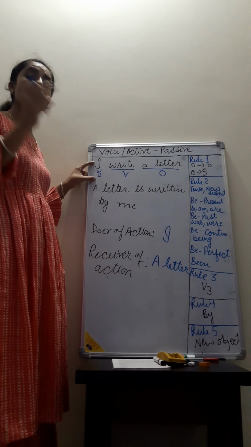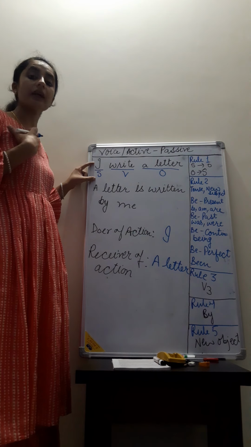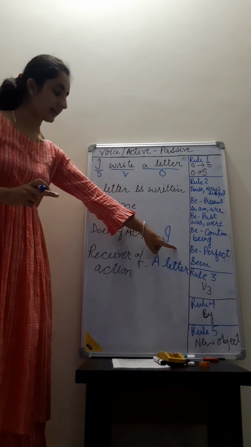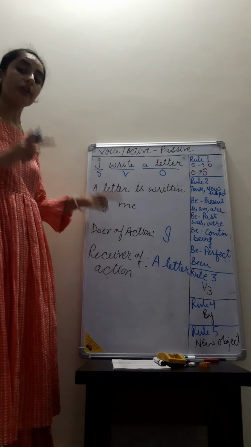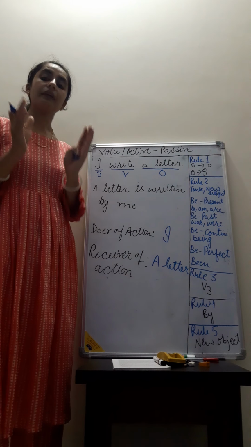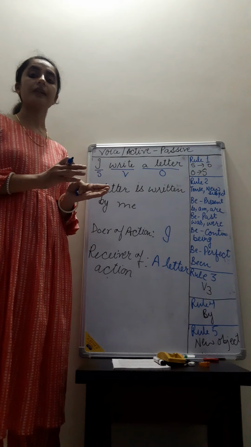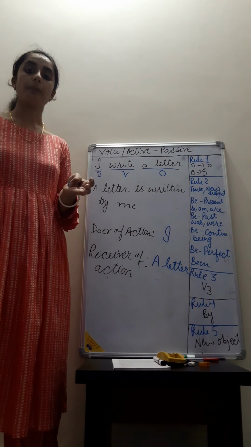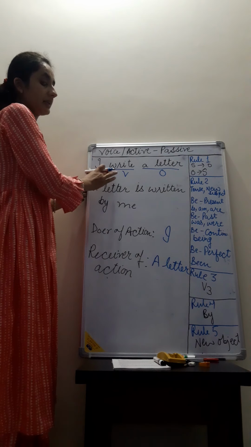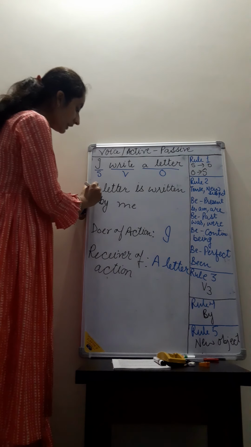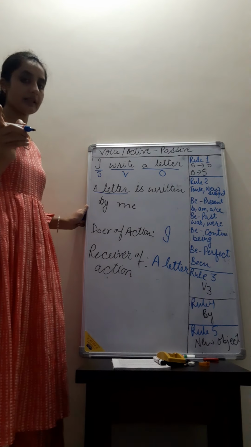This I is stressed upon. I write a letter. So when the doer of the action, that is here I, is given more importance, is placed in front of the sentence, is focused upon, then that sentence is called the active sentence. Let's see the second sentence now.